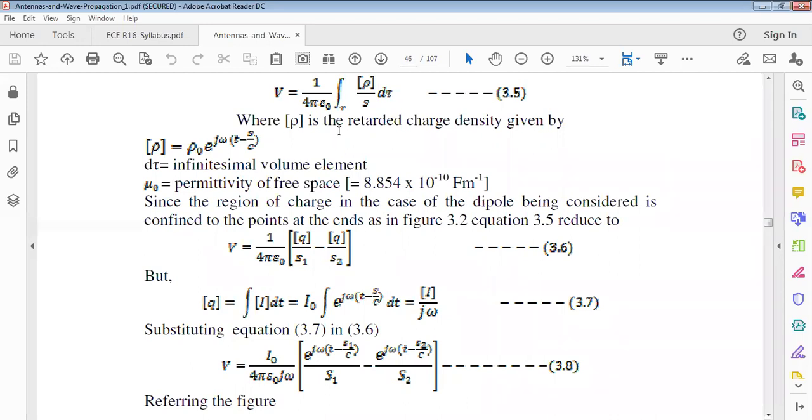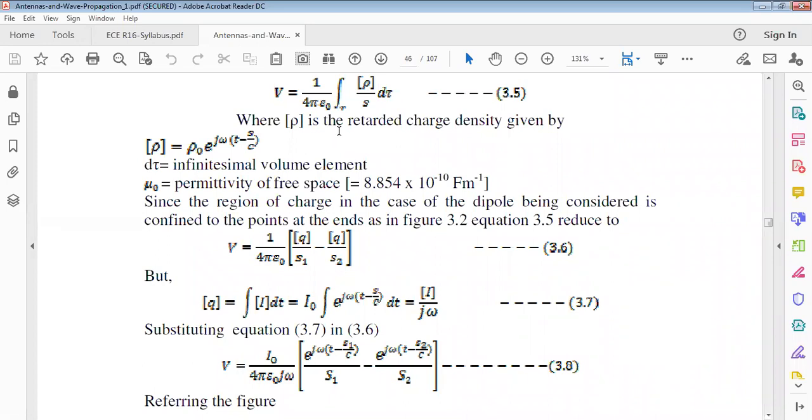What is that systematic approach here? First, you have to be well aware of Maxwell's equations, the four Maxwell's equations. What are those four? Del cross H, del cross E, del dot D, del dot B. Del cross H equals J plus D dot.